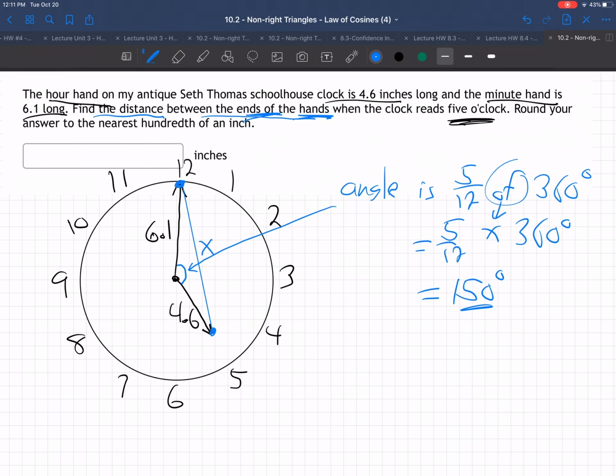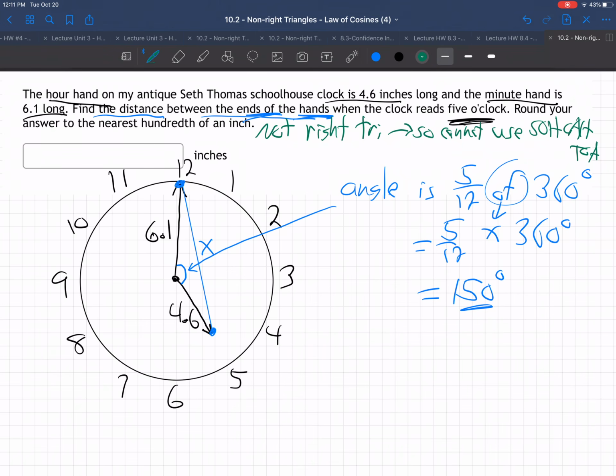Do you realize which law we're going to have to use? Why? Well, we're talking about this triangle right here. That triangle is not a right triangle, so we cannot use SOHCAHTOA.